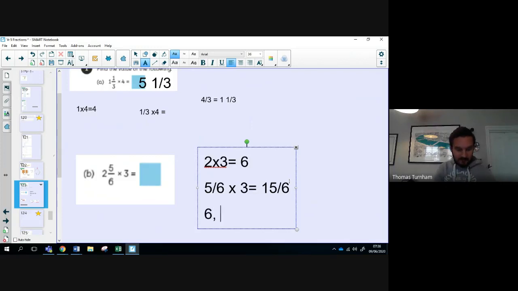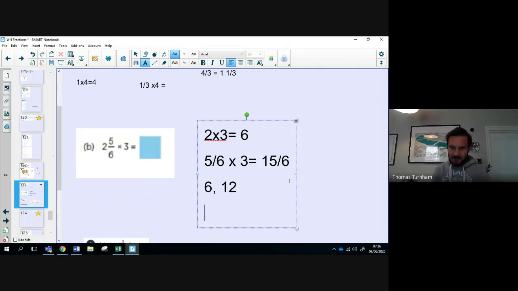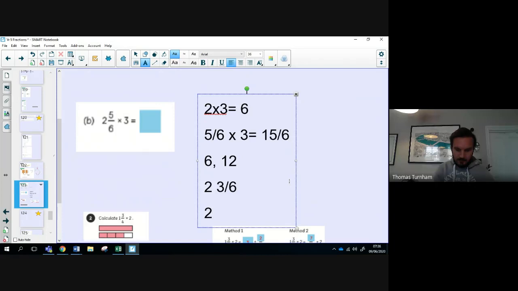I can do 6, 12, and then I know that I've got 3 more in 15. So now I'm going to say that I know that 15/6 is the same as 2 wholes and 3/6. And I'm going to add in 2 plus 6 equals 8. And then I need to put in my 3/6.